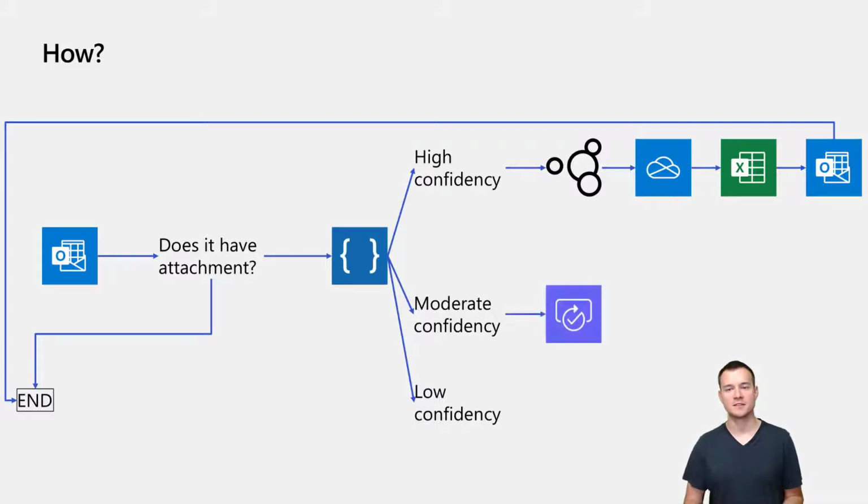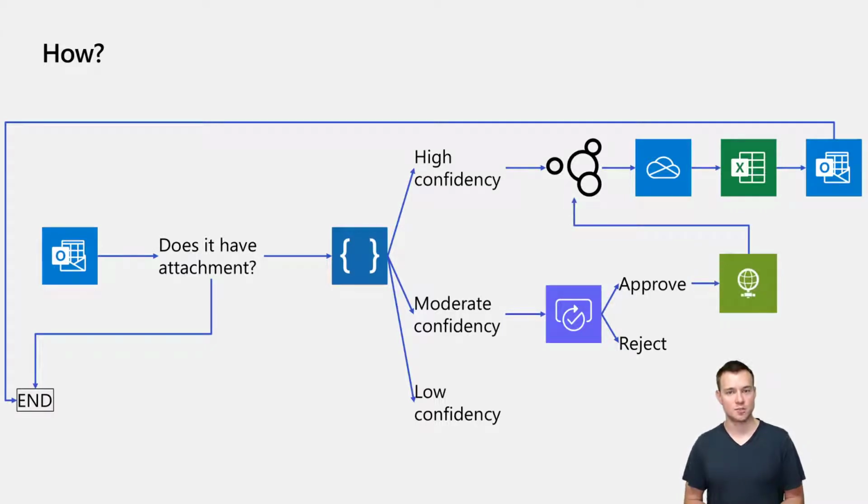Now, in case of moderate confidence, so if this confidence is between 70 and 90%, then Power Automate is assigning me a task. In the task, it is asking me if this email contains an invoice. If I say yes, it does contain an invoice, then Power Automate takes the contents that were used to ask LUIS in the first place and calls the LUIS endpoints via an HTTP request to create a new utterance in the existing intent, and then trains this model.